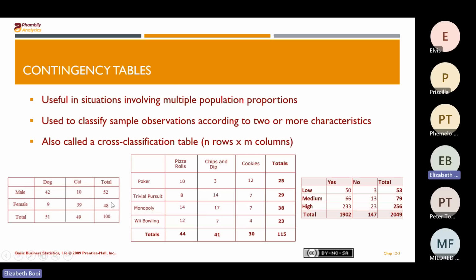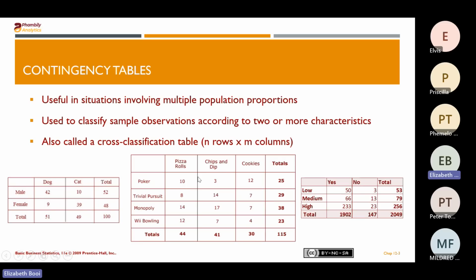On this side it's the rows, and at the top it's the columns. So there are 2 rows and 2 columns. The columns at the top might be, let's say, the type of animal you have in your household, a dog or a cat. Are you a dog person or a cat person? Things like that. So there are only 2 rows and 2 columns on this one.